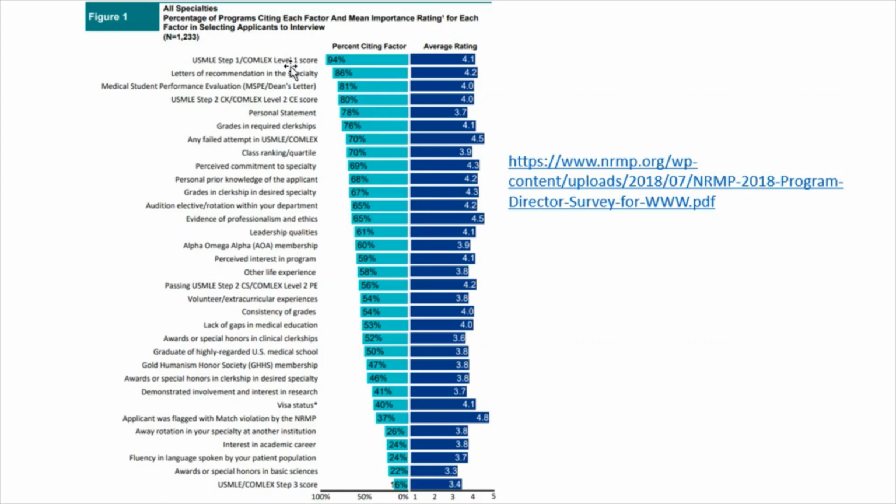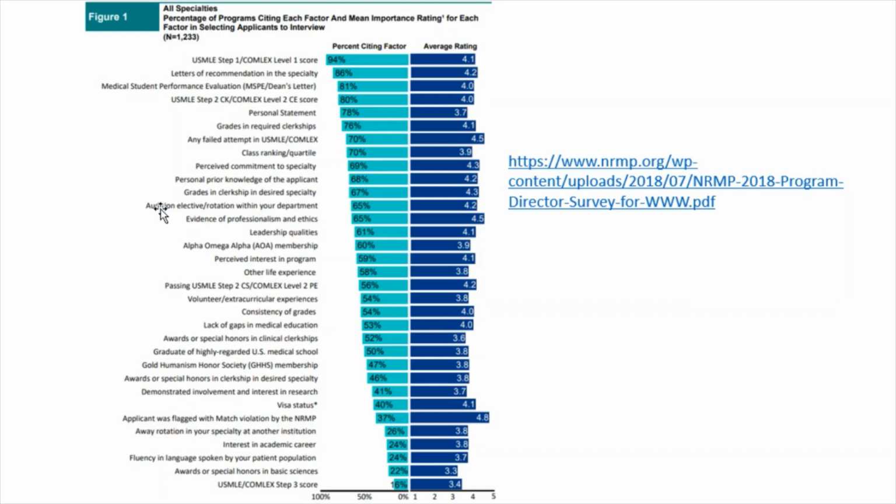And you can see here that the number one factor, or the most common factor that programs use and rate pretty highly, is your Step 1 exam. You can look through all of these. They have letters of recommendation, your dean's letter, your Step 2 exam, grades in clerkships, your class ranking.